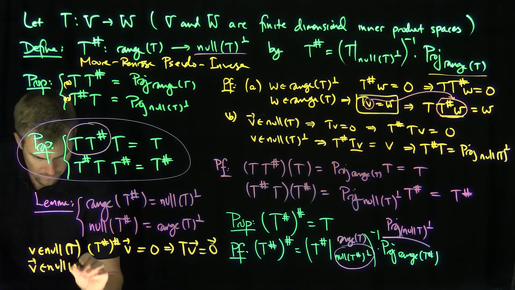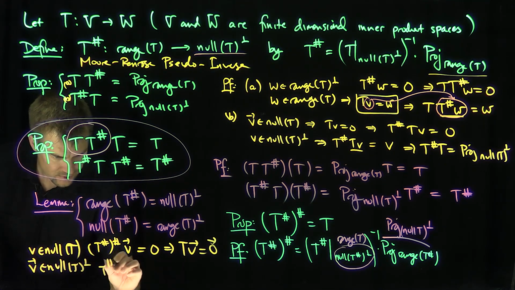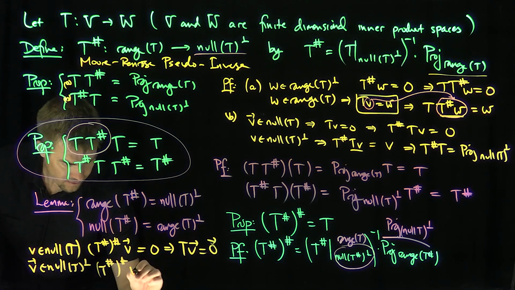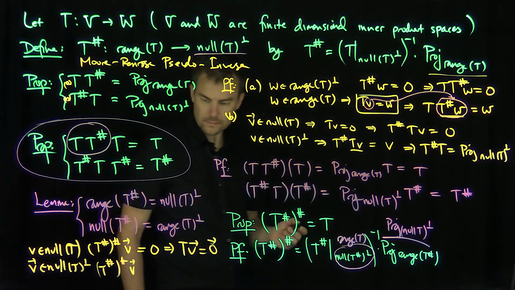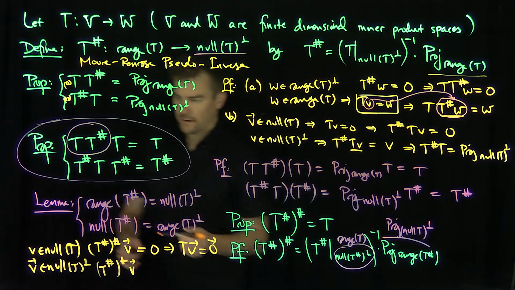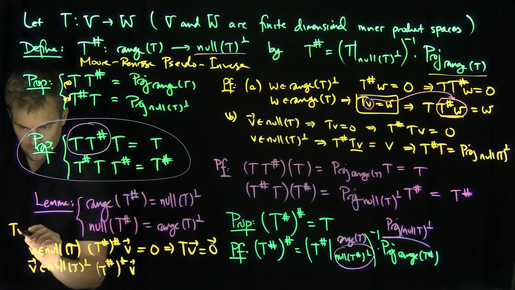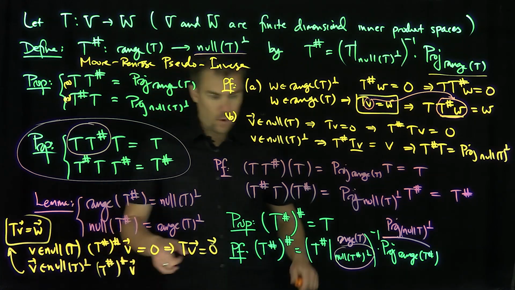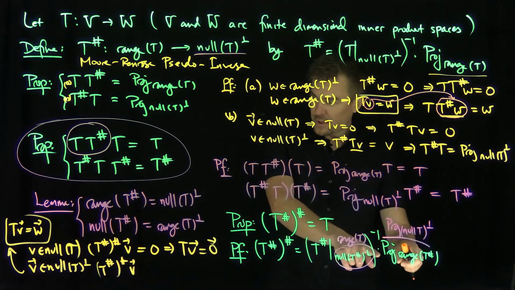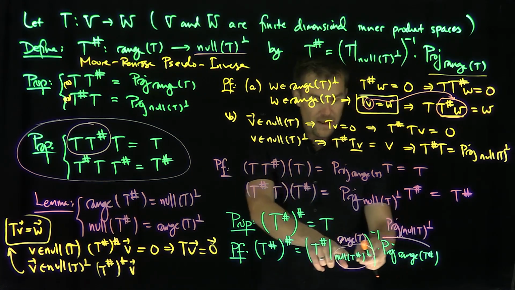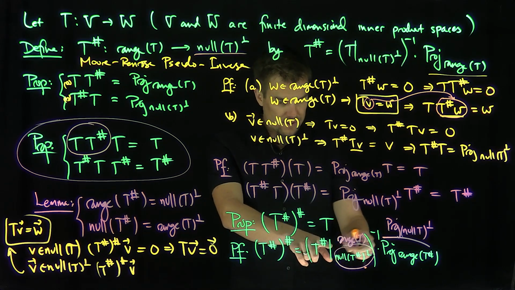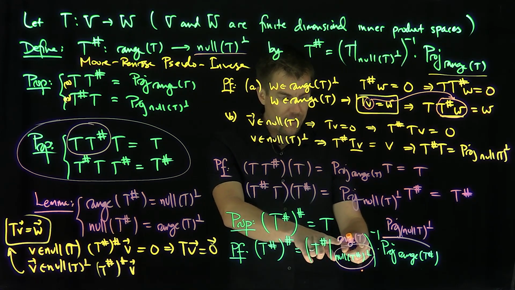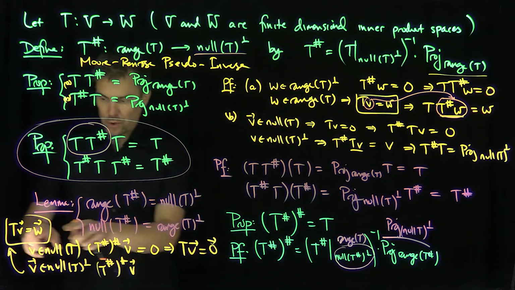And now if v is perpendicular to the null space of T, then T sharp sharp of v is going to be what? Well, I know that T of v is equal to w in this case, where w is not equal to 0, right? And so then what will happen over here, I'll project onto the perpendicular null space, which v already is, and then I'm going to look at the inverse of T sharp over here on the range of T. Well, on the range of T, what do we know that T sharp is?